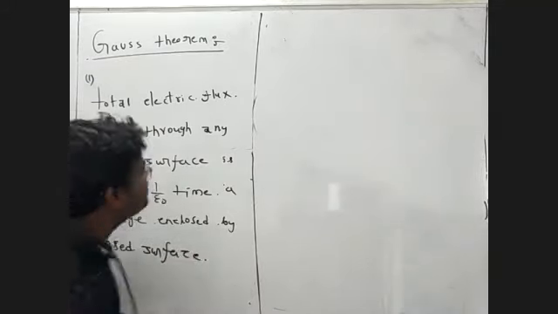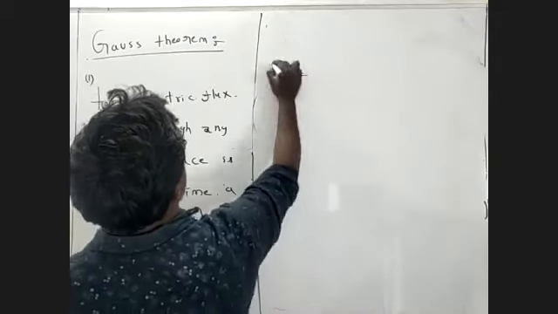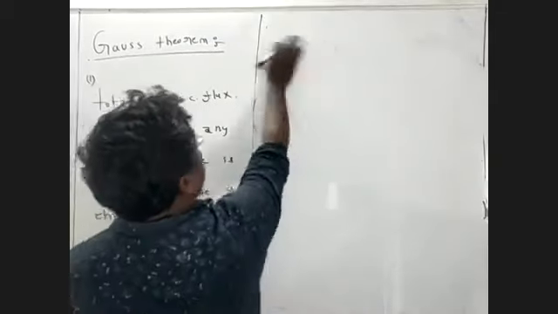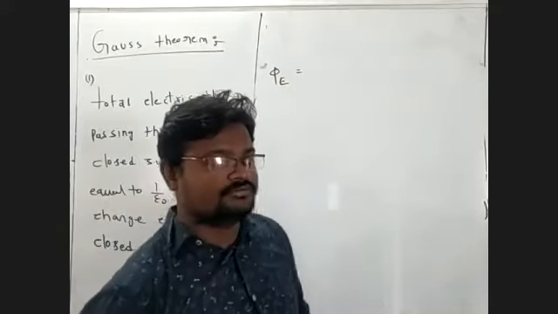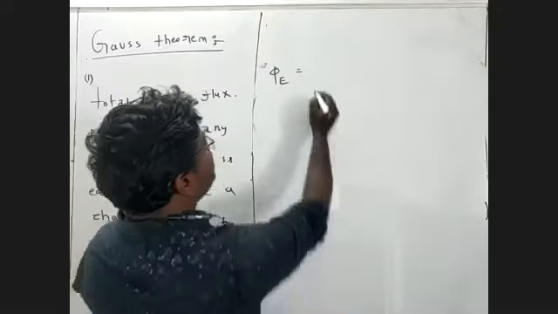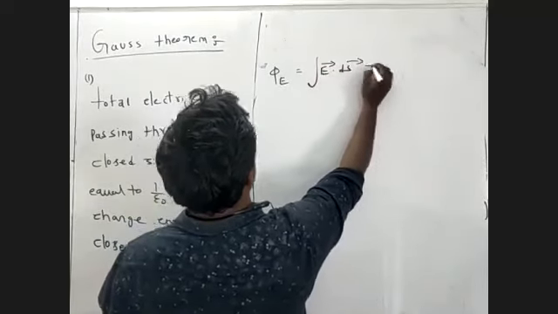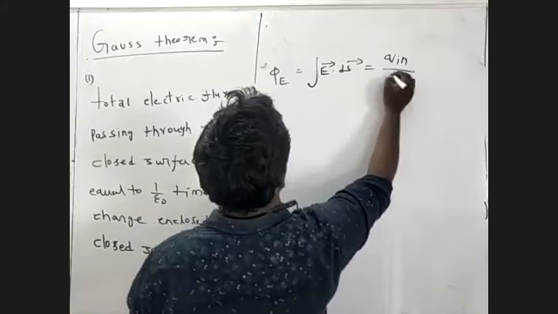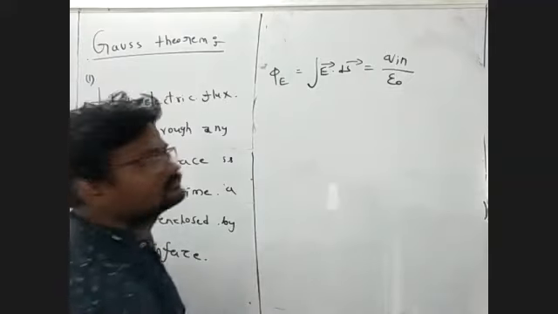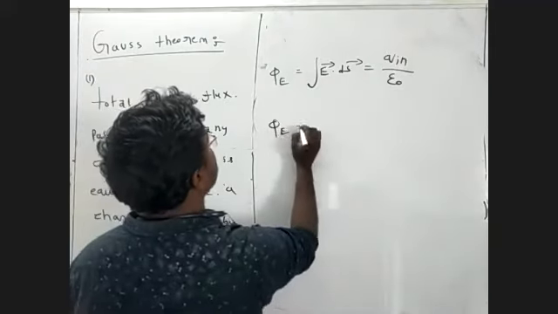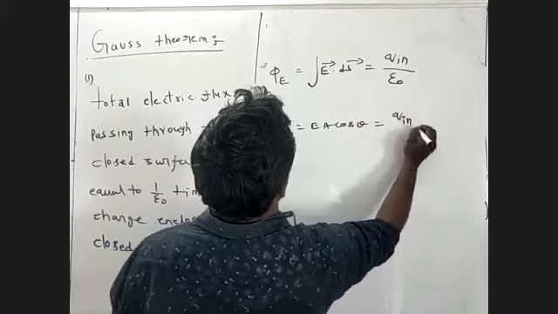The formula is, electric flux is equal to, integration of E bar dot dS bar is equal to Q n by epsilon naught. That is your formula. So phi is equal to EA cos theta is equal to Q n by epsilon naught.